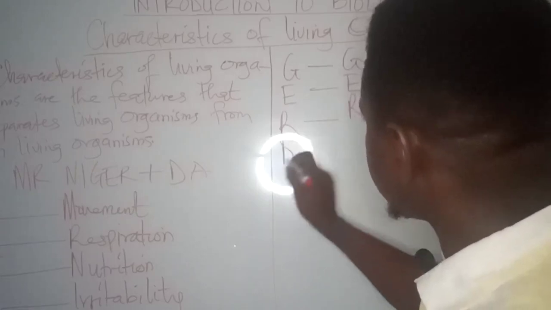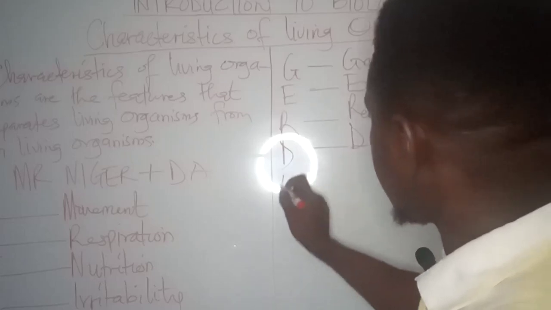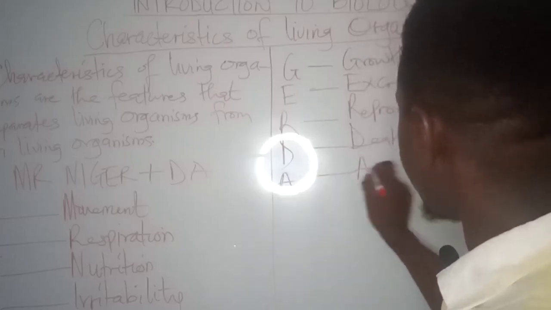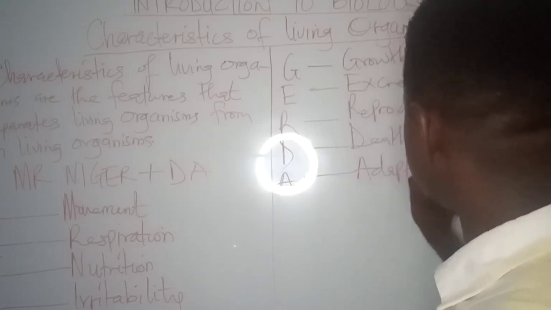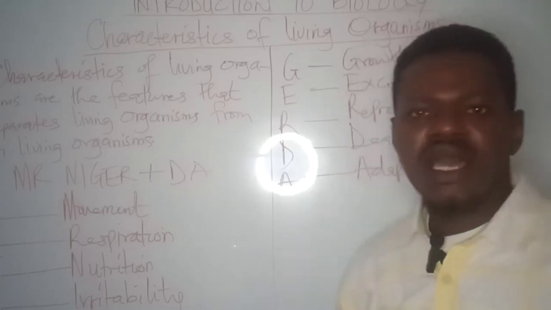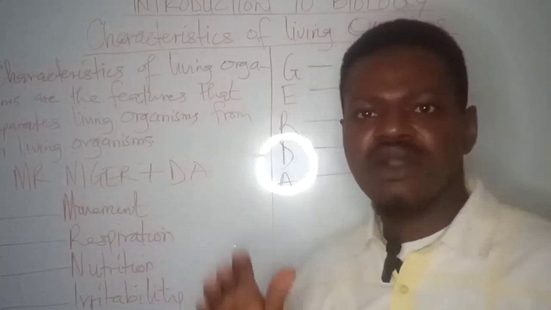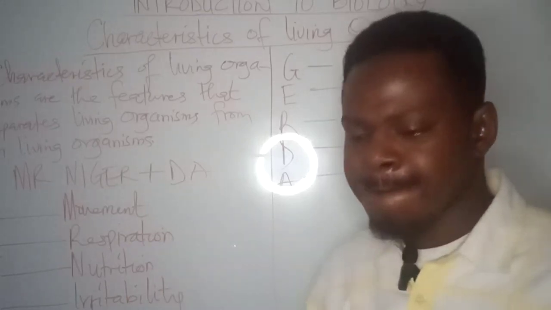We have D standing for death, and A, which stands for adaptations. All right, and so we shall be taking a look at each of these characteristics one after the other.